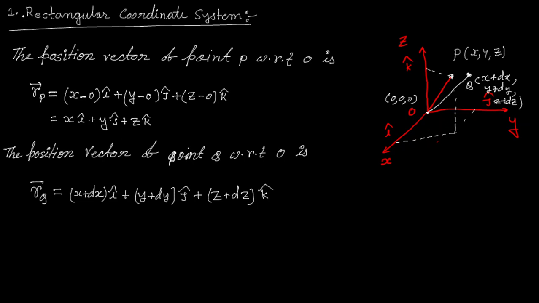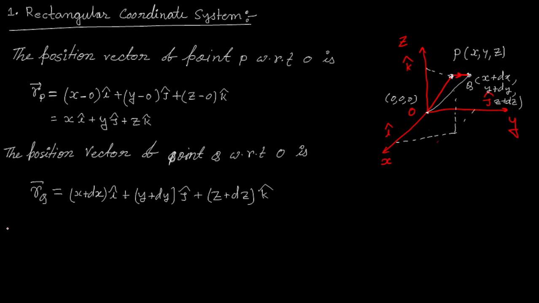So now if we join this P point and Q point, we'll get a vector here, this vector, and usually this vector is called the elementary length vector in a rectangular coordinate system.